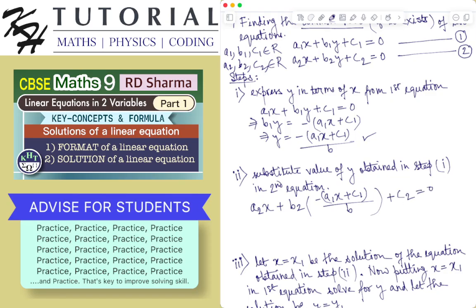Now you can see this is obviously a linear equation in x. There is only one variable x, and from here I can easily solve for x. Let x equals x1 be the solution.